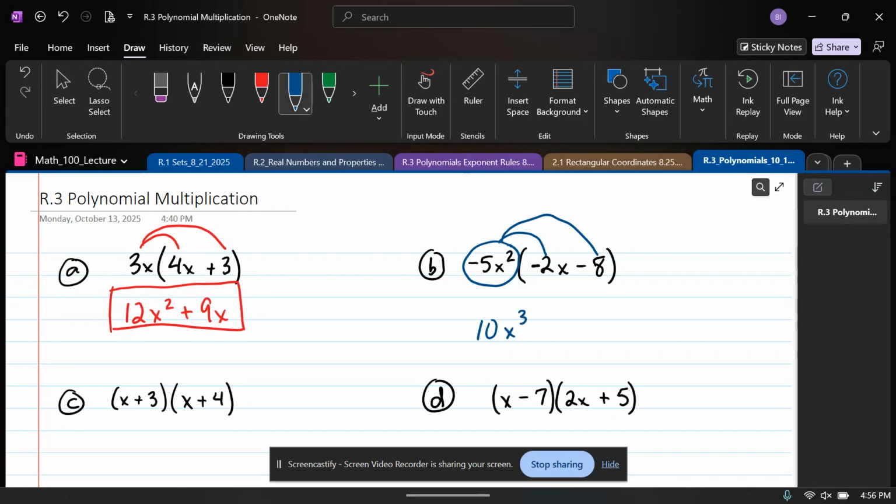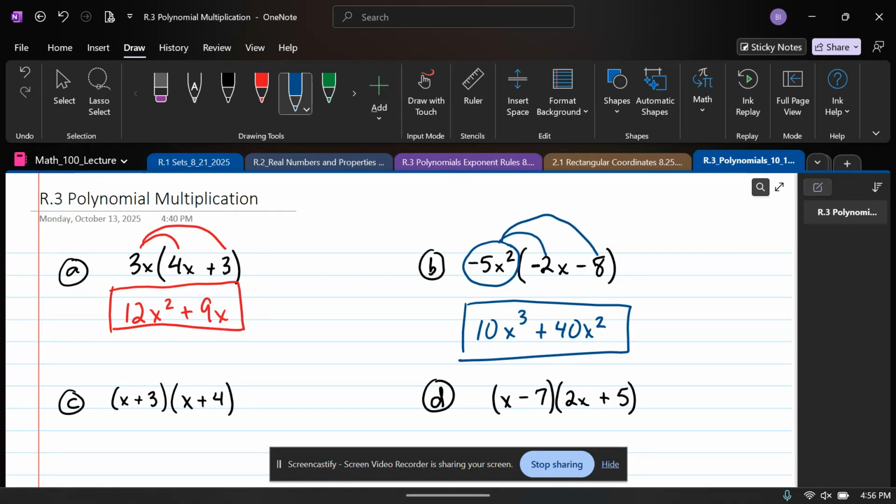X cubed or x to the third power, whichever way you want to say it. And then the last piece there, negative 5x squared times the negative 8 would be positive 40. Excuse me, and the x squared just carries over. And that's in order from biggest to smallest already.